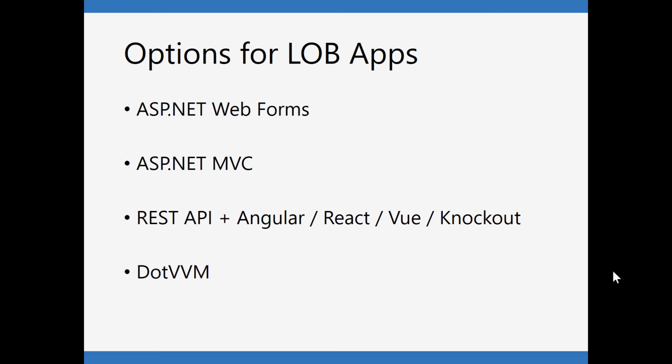So you will need some JavaScript framework or library to be involved in this process. The typical way of building such complicated web applications is to use some REST API or maybe GraphQL, but I think the REST API is still much more widely used. And some client-side library like Angular, React, Vue, or Knockout.js.